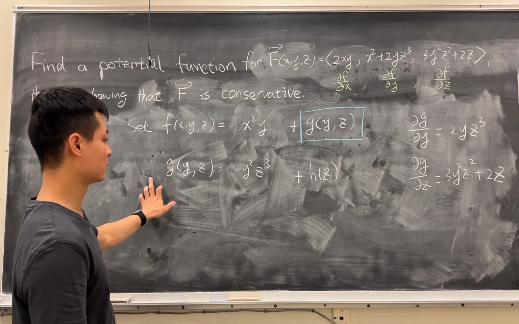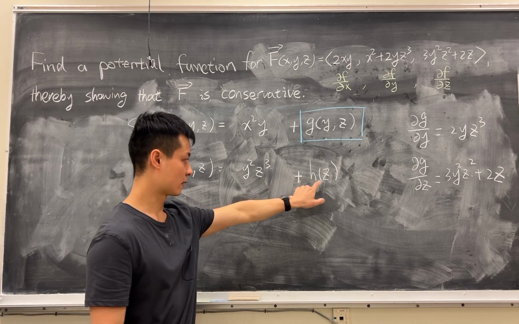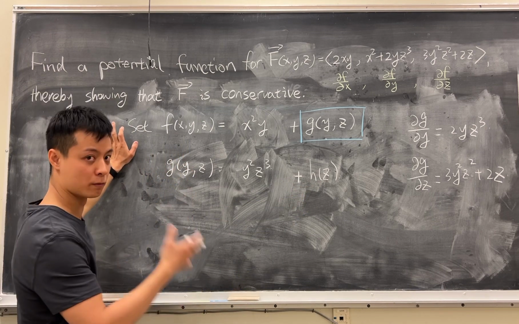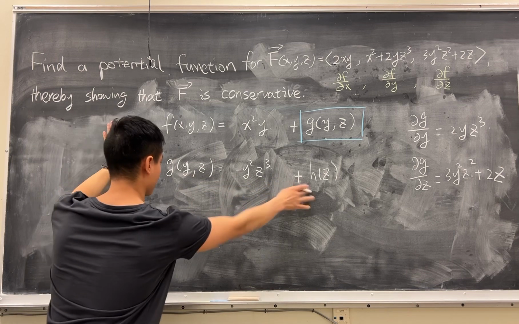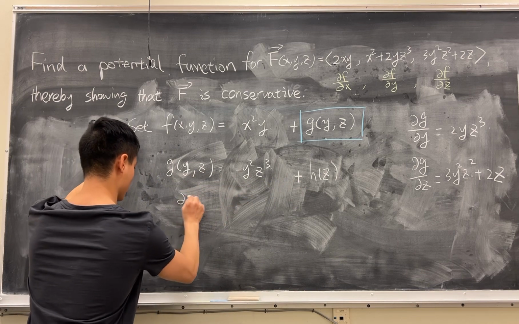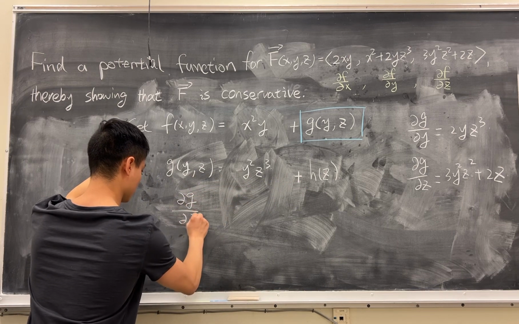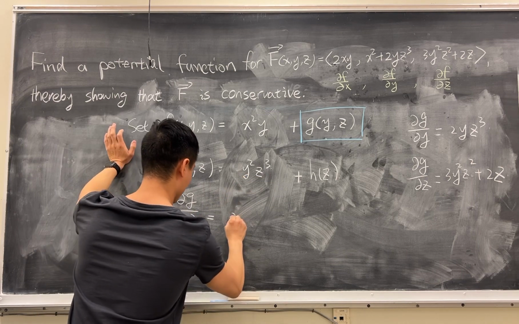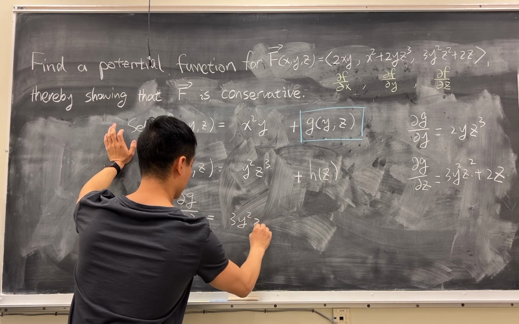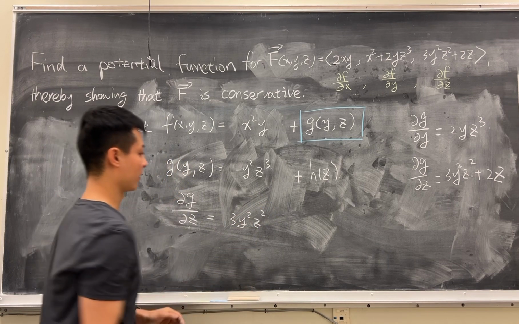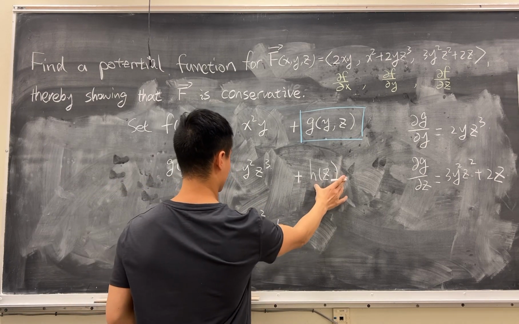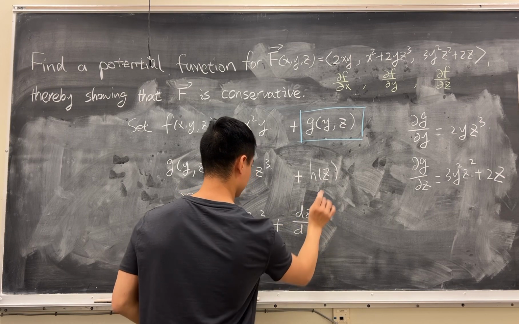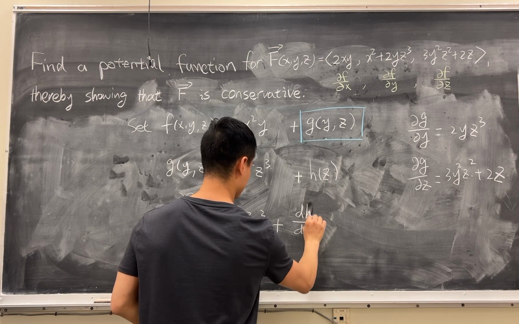Then we will look for this one by taking partial z on both sides of this equation. Partial z for this one is going to take us to 3y squared z squared, and then partial z for this one is just dh dz.